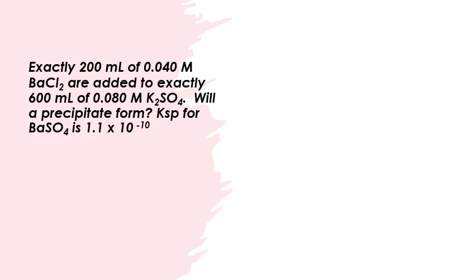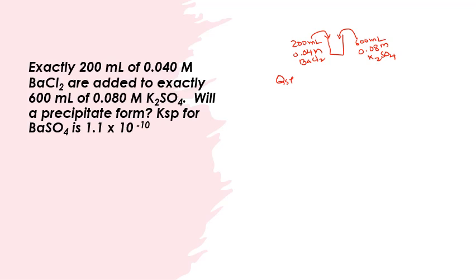Okay, so the scenario is they are mixing 200 milliliters of 0.04 molar BaCl2 and 600 milliliters of 0.08 molar K2SO4. So we have to find whether the Qsp is greater than, less than or equal to Ksp. All right, so let's go ahead and see that.